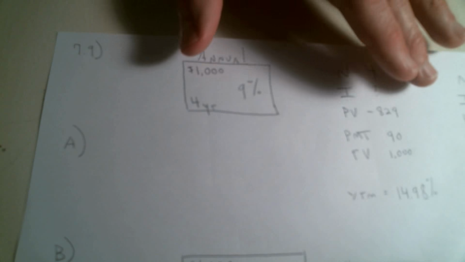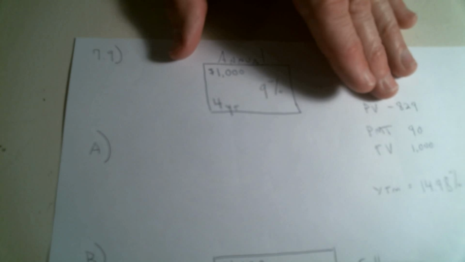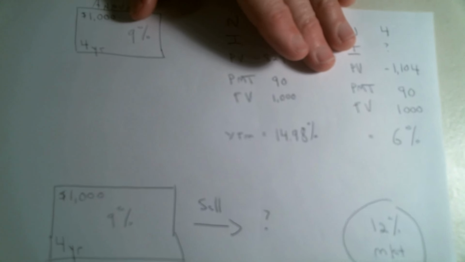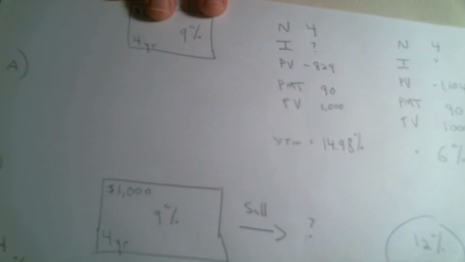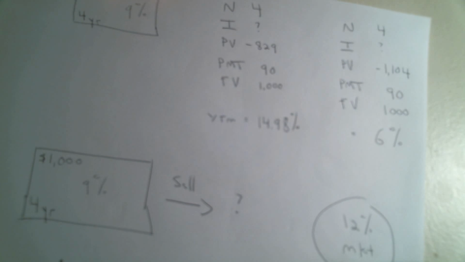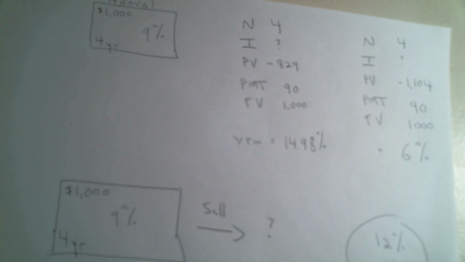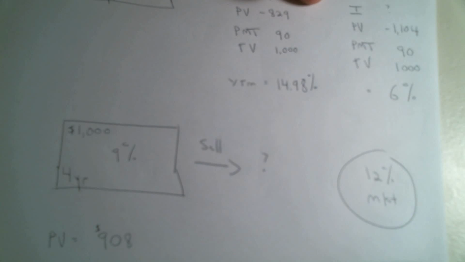Okay, setup, part A, the top. Okay, then, what if we sell, and what's the price selling and earning 12% yield to maturity?